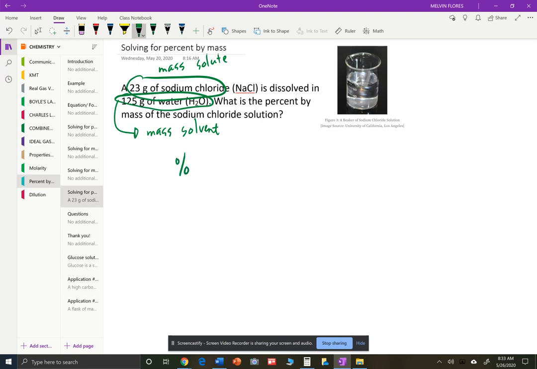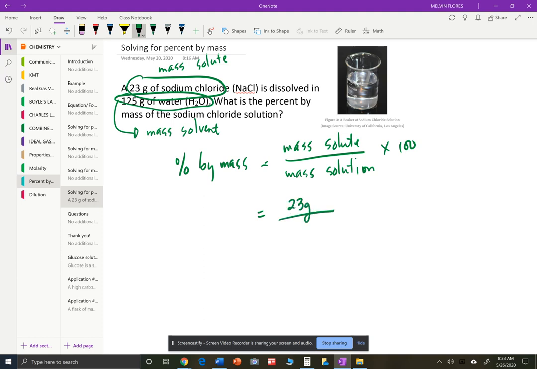Remember our formula: percent by mass equals mass of solute divided by the mass of solution, times 100. If we're looking for the percent by mass, divide the mass of solute, which is 23 gram, by the mass of solution. Remember again that the mass of your solution is made up of the mass of your solvent plus the mass of your solute.